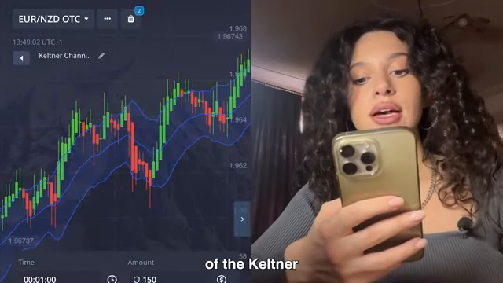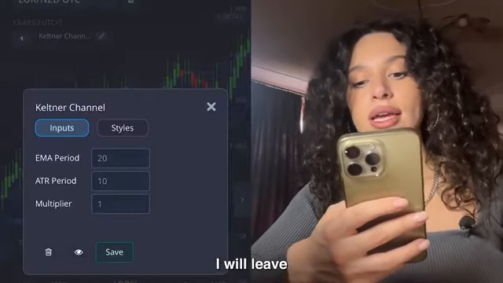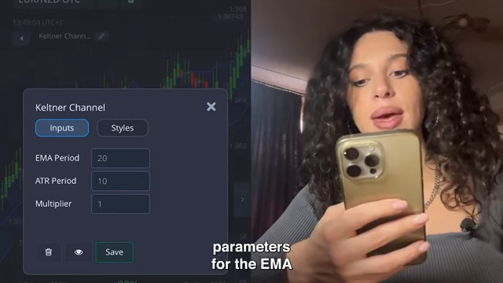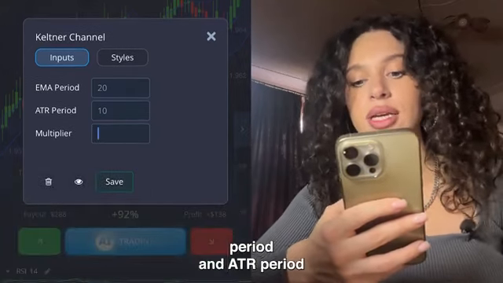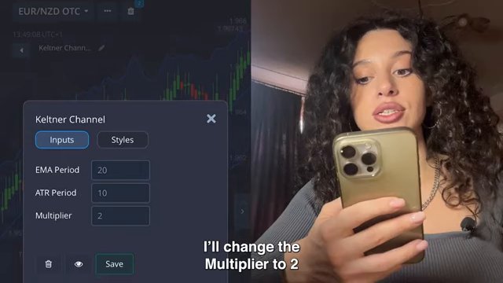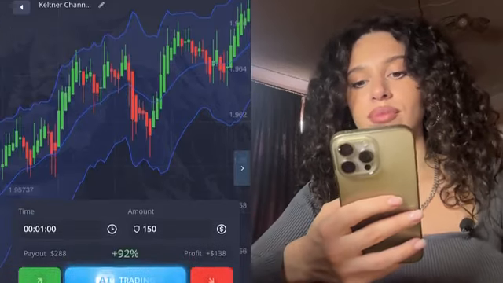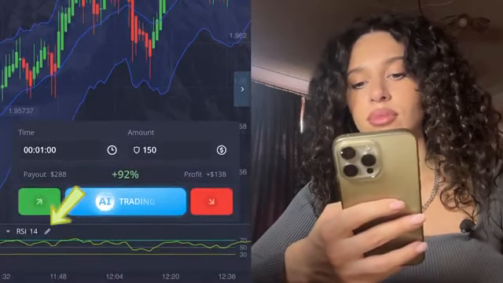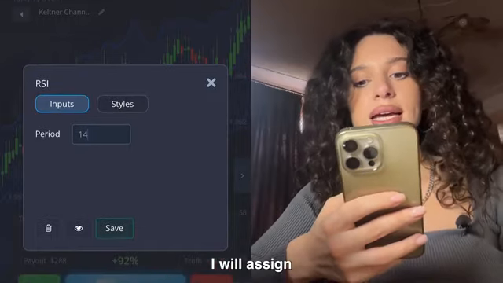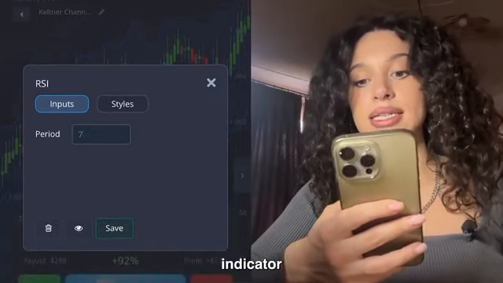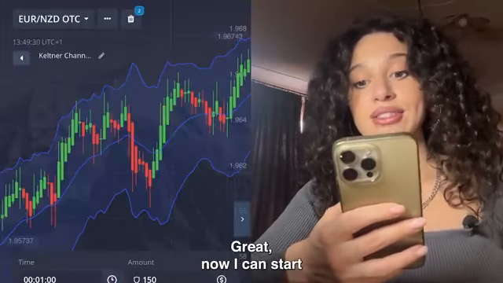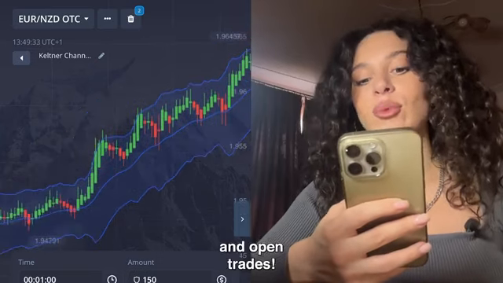In the settings of the Keltner channel indicator, I will leave the standard parameters for the EMA period and ATR period. I will change the multiplier to 2. I will assign a period of 7 for the RSI indicator. Great, now I can start looking for suitable situations and open trades.